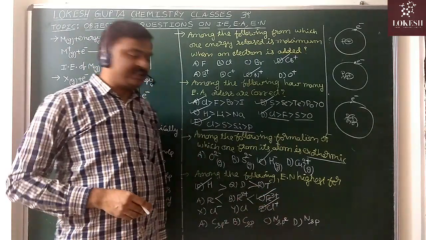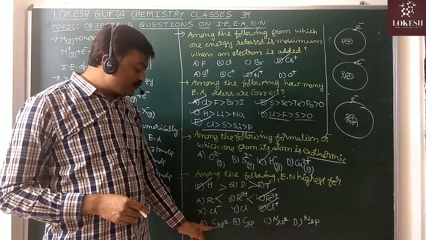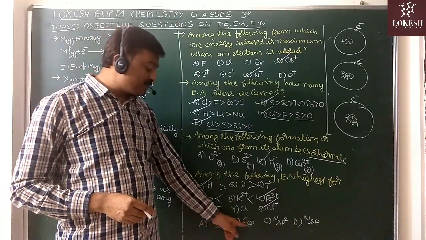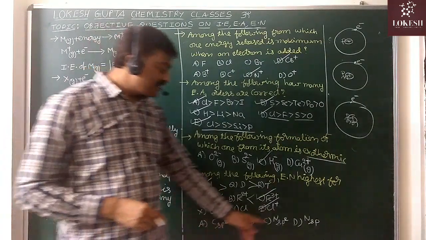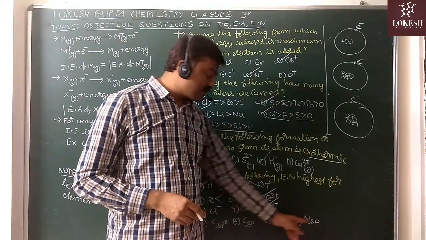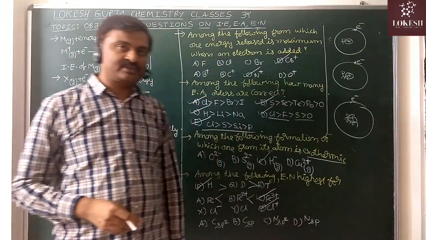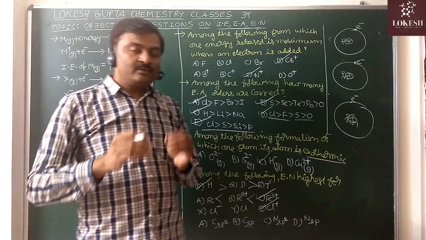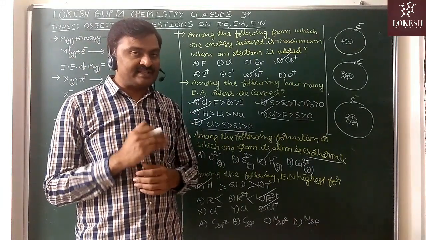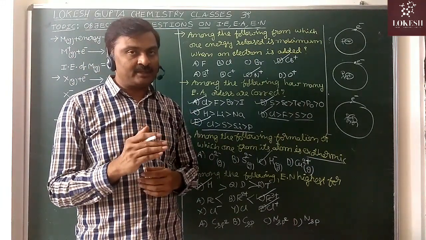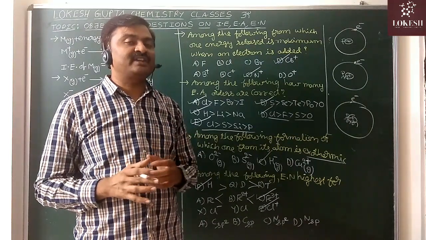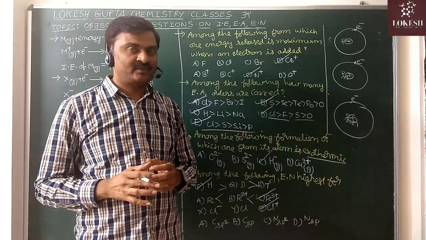Next, this one. Among these, electronegativity is highest for sp2 hybridized carbon, sp hybridized carbon, sp2 hybridized nitrogen, sp hybridized nitrogen. See, with increasing percentage of s character of a hybrid orbital, the electronegativity of the hybrid orbital increases.